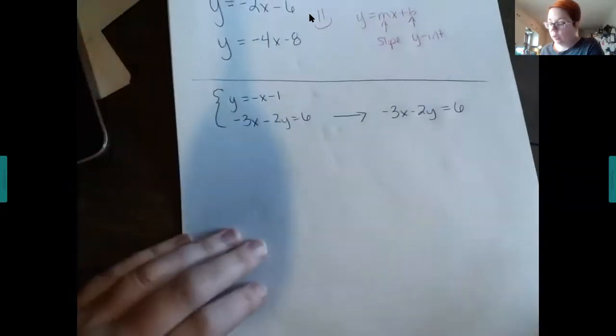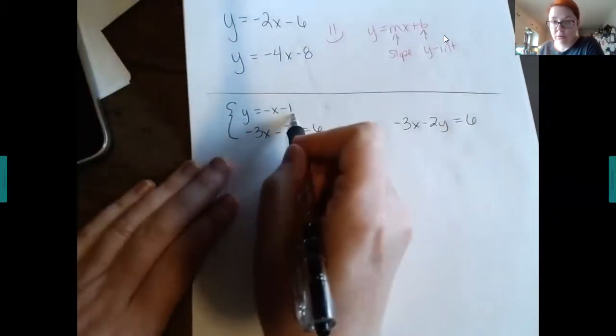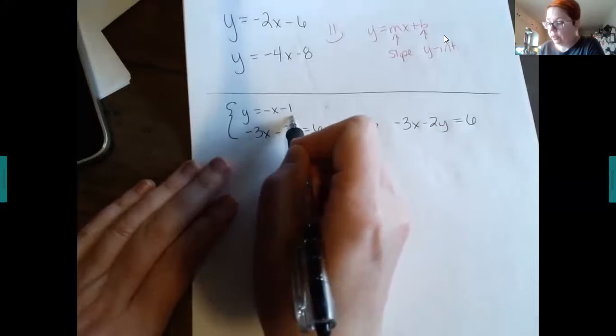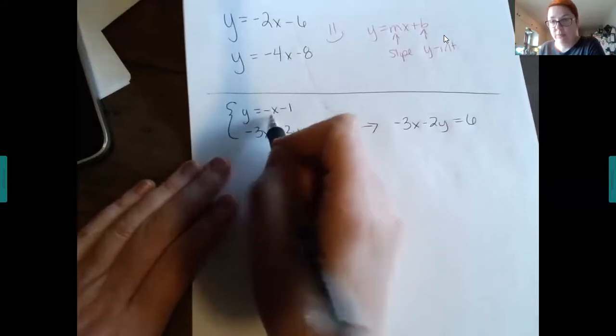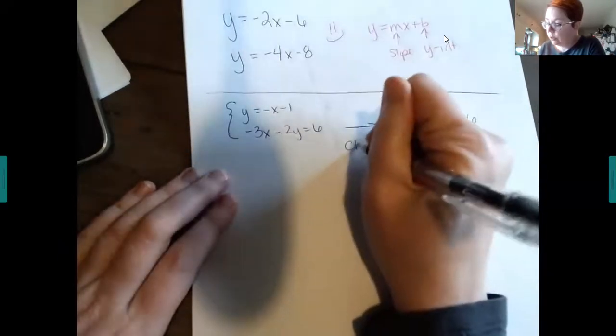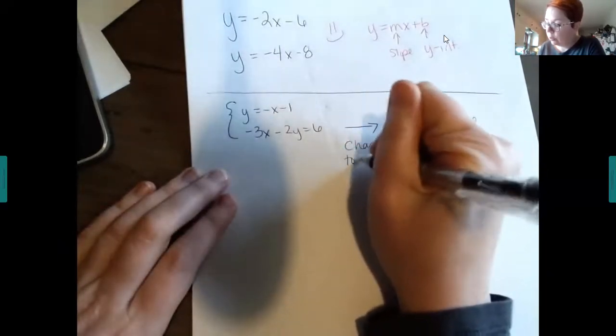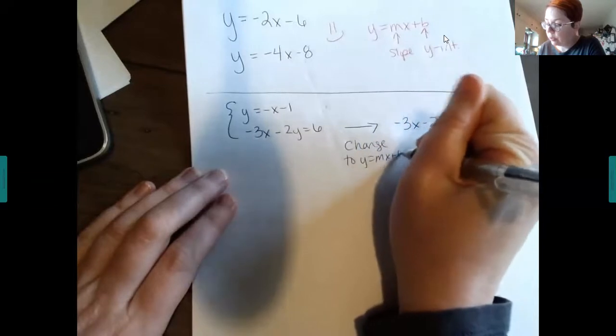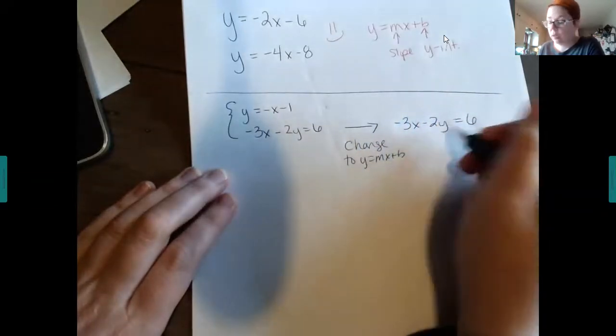Okay. So again, this is already cool. We have our y-intercept. We have our slope. So we're going to write in a negative 1 in front of that. This we're going to change to y equals mx plus b. So that means we have to solve for y.